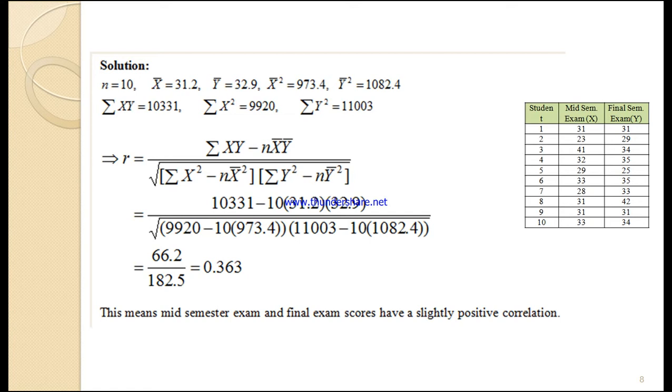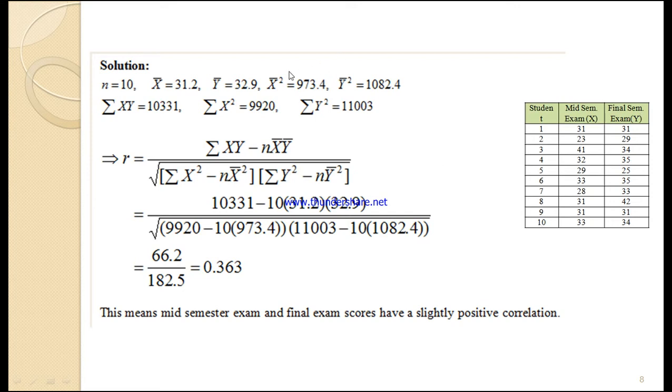The same is true when we calculate the mean of final semester exam results, which means we add together the final semester exam results of 10 students, here this column, then we divide the result by 10, then we get 32.9, which is y bar, or the mean of final semester exam results of 10 students.